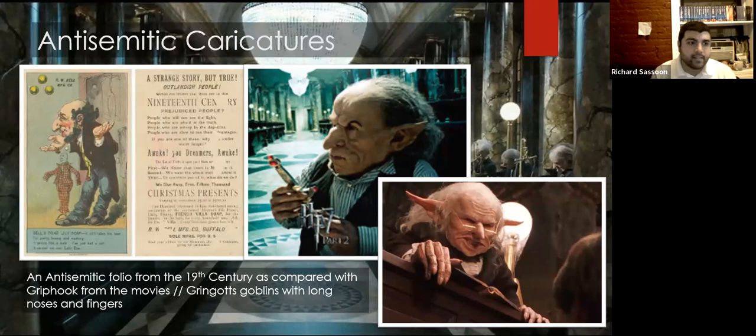Rowling has said numerous times that the goblins, at least in her view, do not represent the Jews. She points to the fact that goblins are much more violent than the Jewish population ever was, with their numerous revolts.